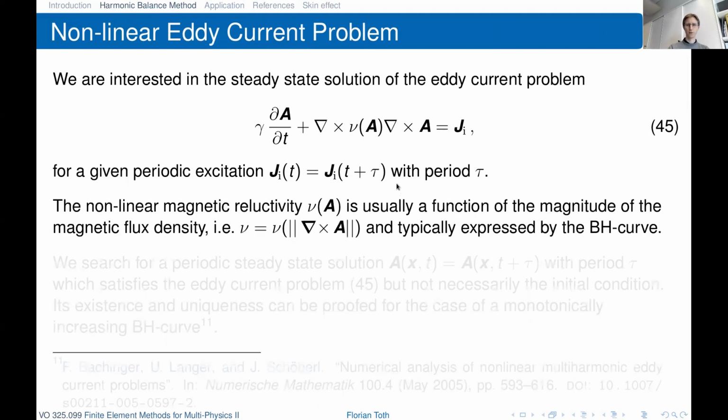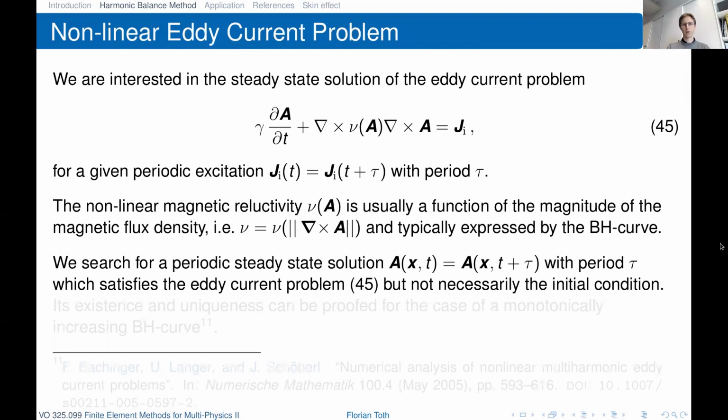We also have a nonlinearity in the system, and this is a material nonlinearity coming from the magnetic material property. Typically this is expressed by a nonlinear BH curve. And we're searching for a periodic steady state solution. So the solution must also be periodic, and it must satisfy our eddy current problem equation 45.